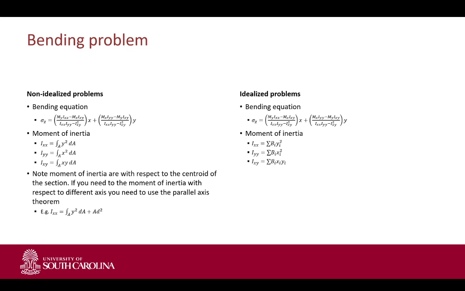And for Ixy, that's xy. Keep in mind that for Ixy the coordinate system does matter, because we don't have a square. That means that if you're below the centroidal coordinate system, y has to be negative, and if you're left of it, x has to be negative. So let me do that quickly on the board.